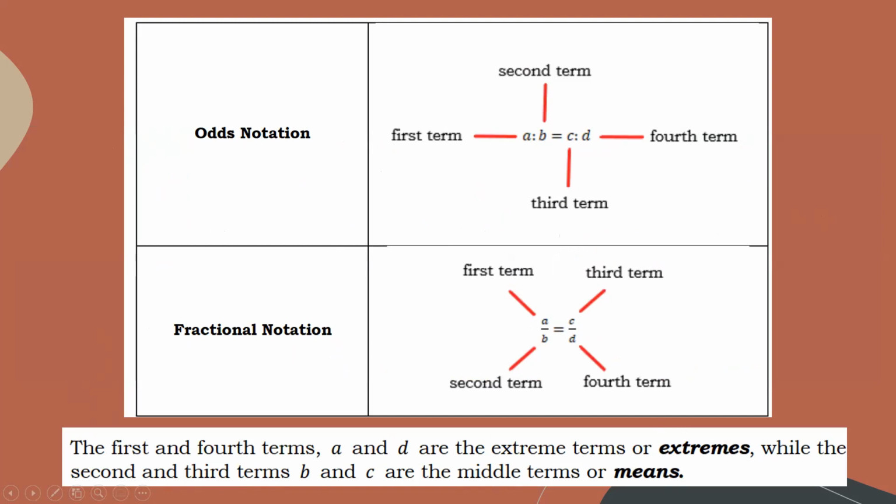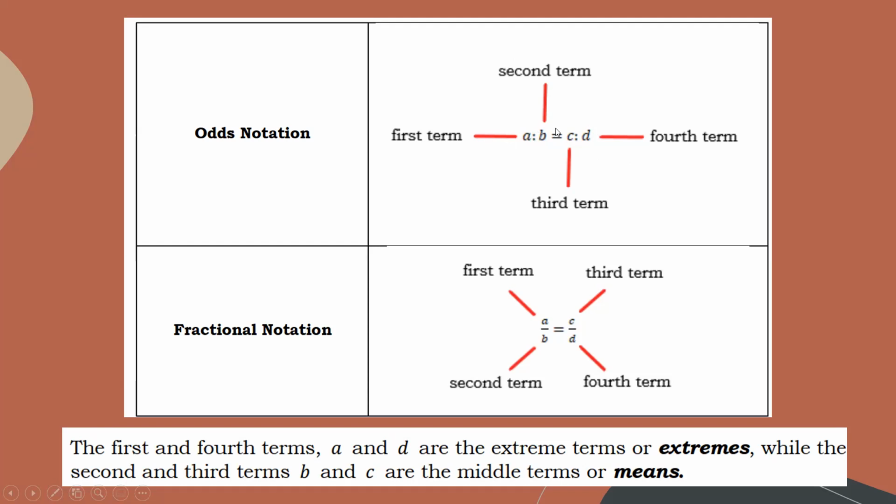Okay po. So in colon notation, it's a ratio equals another ratio. The first number is our first term, the second is our second term, the third term is C, and D is our fourth term.